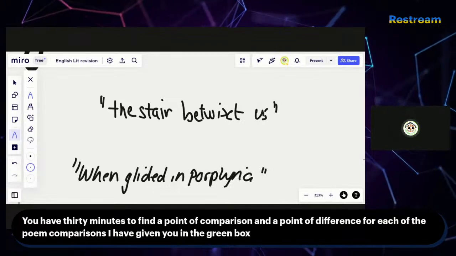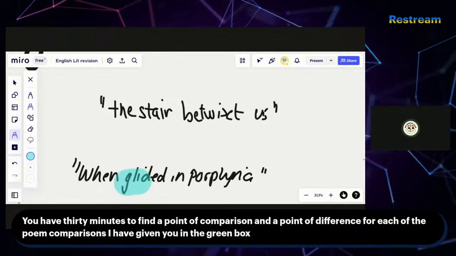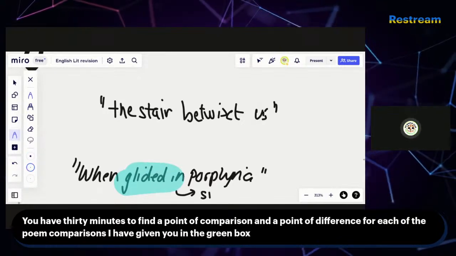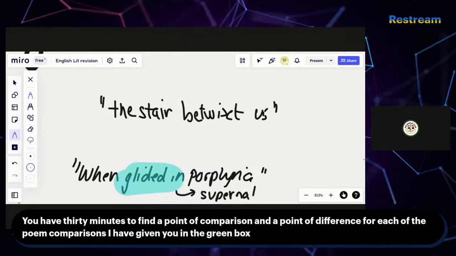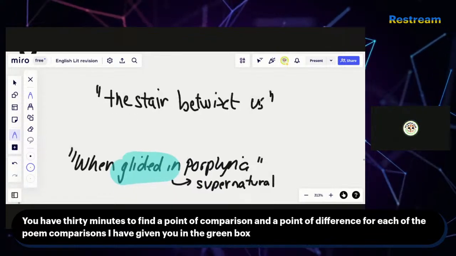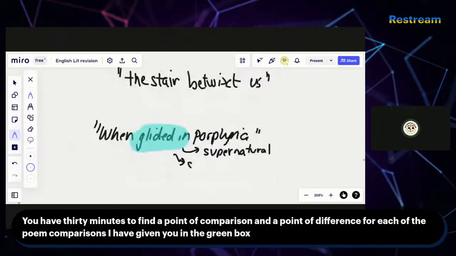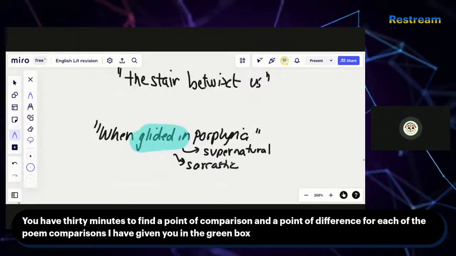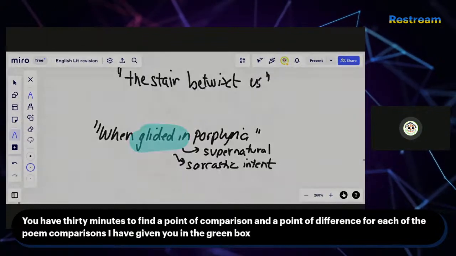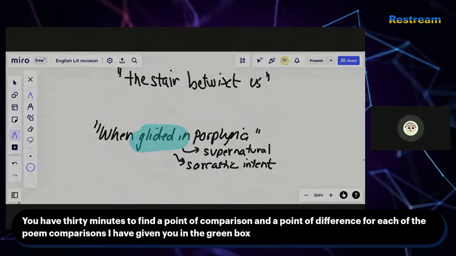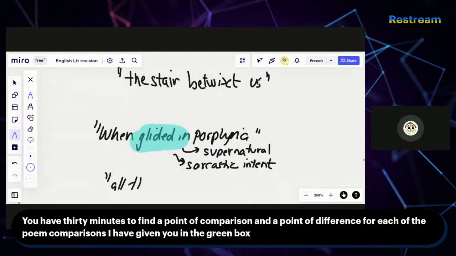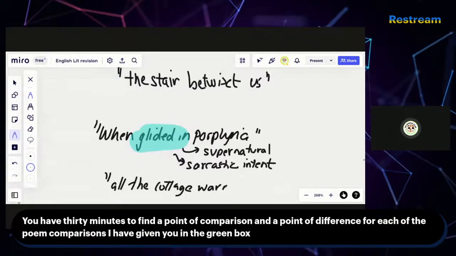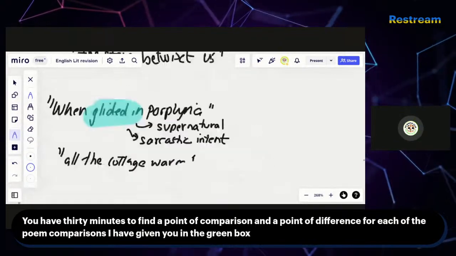Now, this, glided in, has supernatural connotations. It could have some possibly sarcastic intent behind it, however, a positive thing to also all the warm, as well as give herself to me forever.